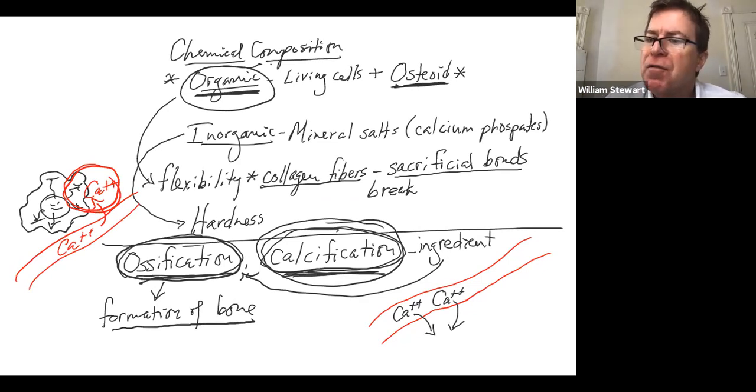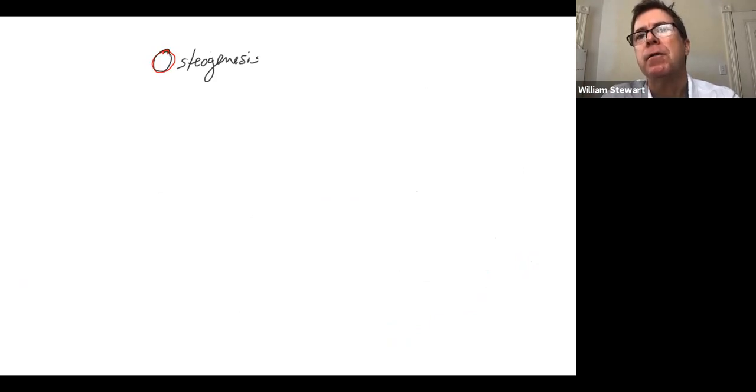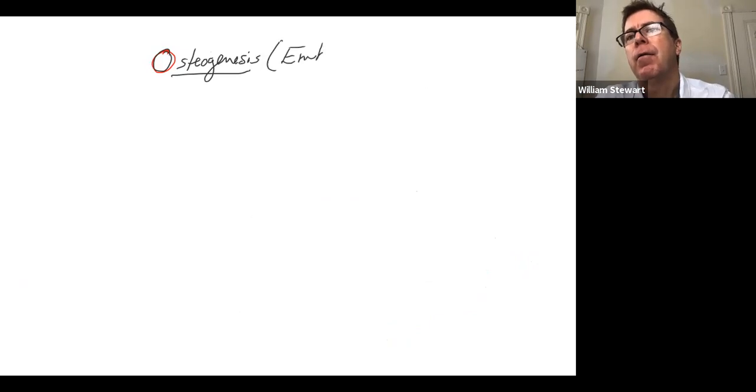So when bone develops embryologically, we typically call that osteogenesis. Let me go back to my black pen. So I'm going to write osteogenesis. A specific type of osteogenesis, embryonic bone formation.